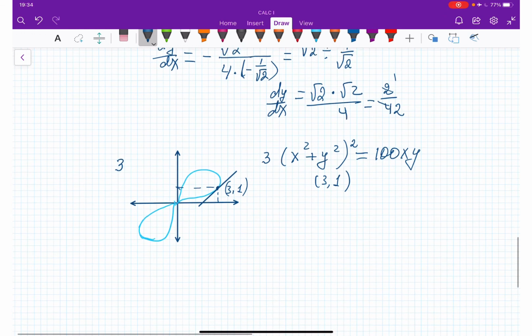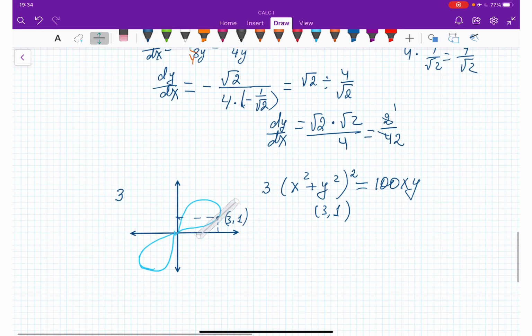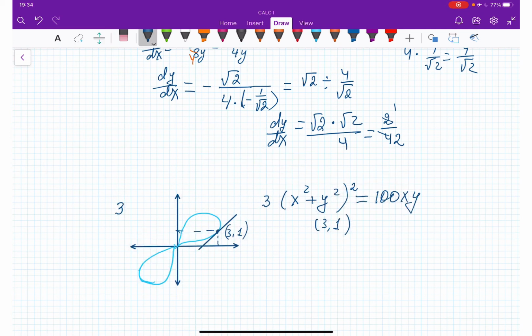All right, so let's figure it out. We are going to take the derivative implicitly.